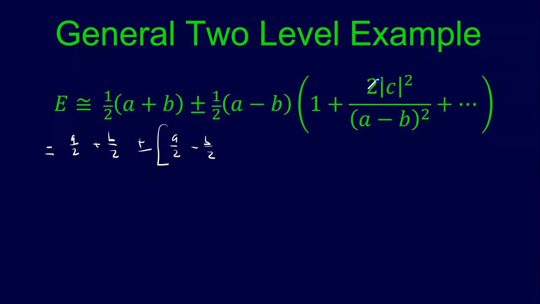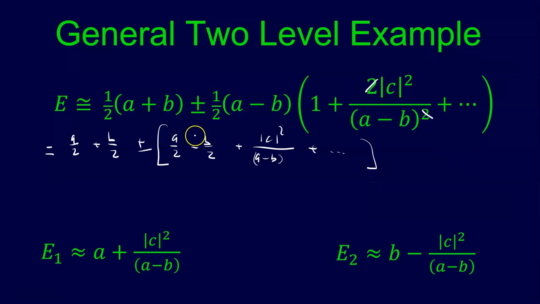And so the half cancels with that 2, and A minus B cancels with one of the factors down there, and we're left with plus absolute square of C over A minus B. And again, there's next terms, but we don't necessarily care about those. And so when you unpack this, you get the two approximate values for E1 and E2 that look like this. And so now we're going to go back to that original definition and plug those guys in.